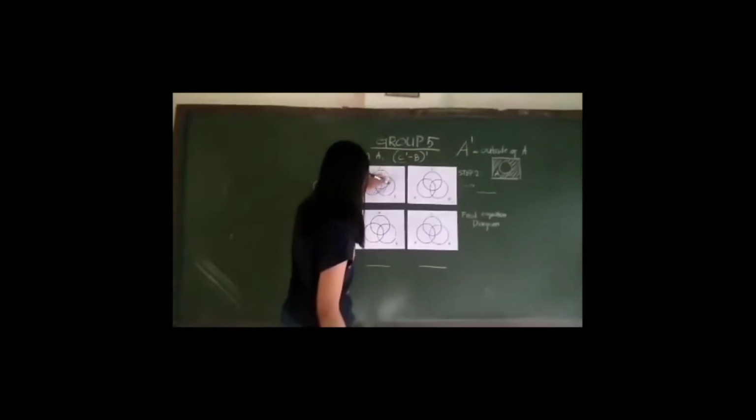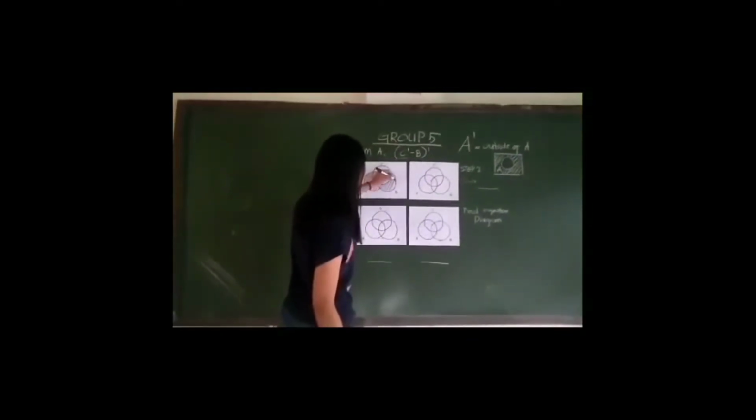So we're going to shade first the A, then the B, also the outer layer of the diagram.